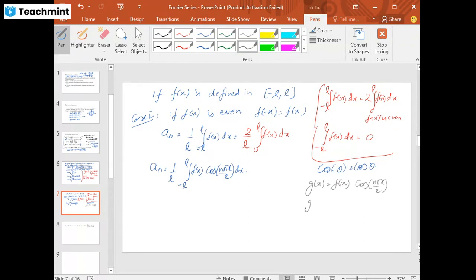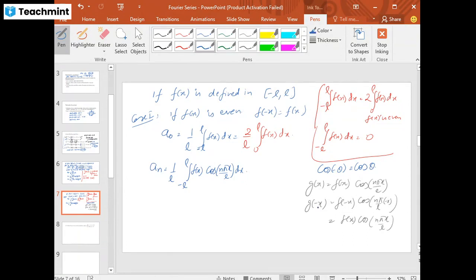So what is g of minus x? This is equal to f of minus x into cos of n pi upon L into minus x. But cos is an even function and f of x is also even. So f of minus x is f of x and cos of minus theta is cos of theta, right? So cos of n pi upon L minus x is cos of n pi x upon L. So this is nothing but equal to g of x only.